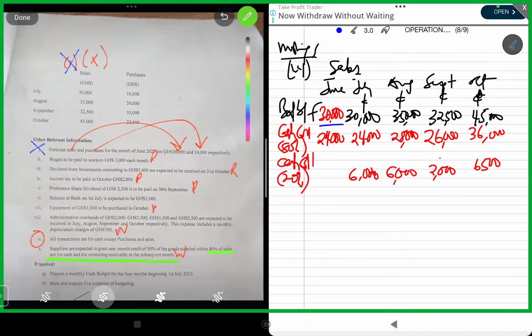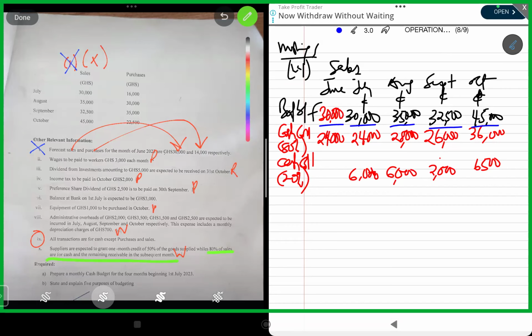Ensure you are not making any mistakes, so others are working on the balance. Please hold on, I beg you. Okay, it's correct. I'm just checking.